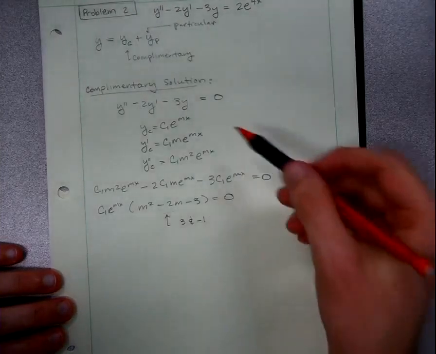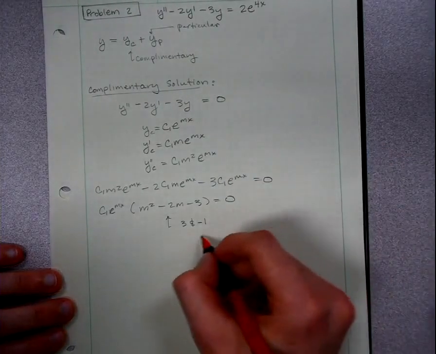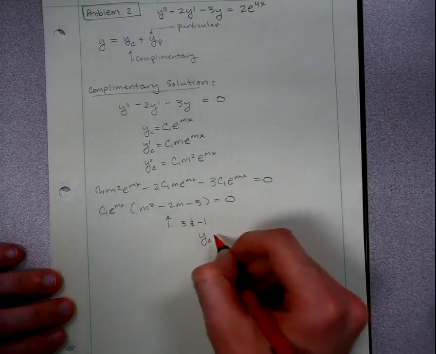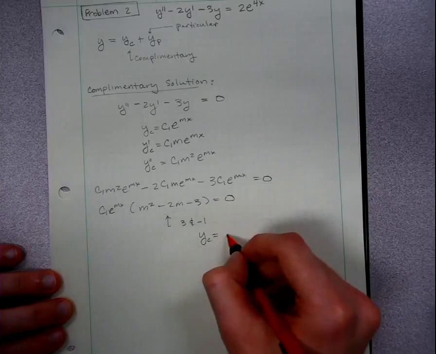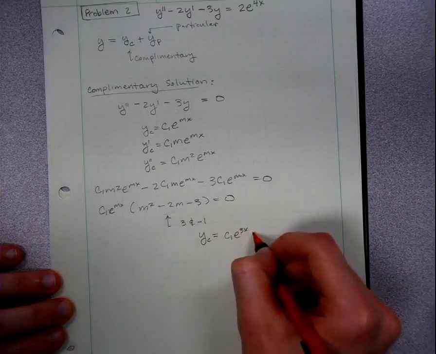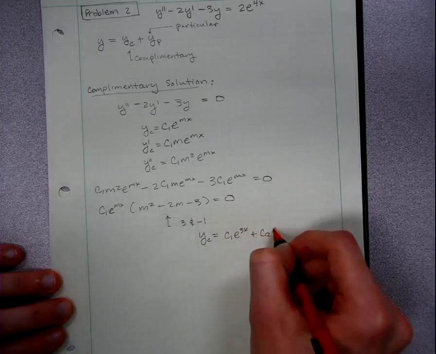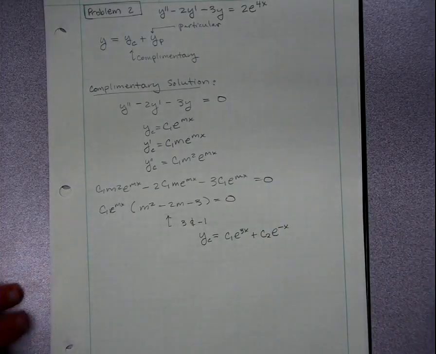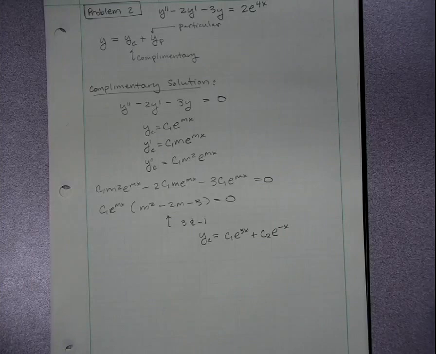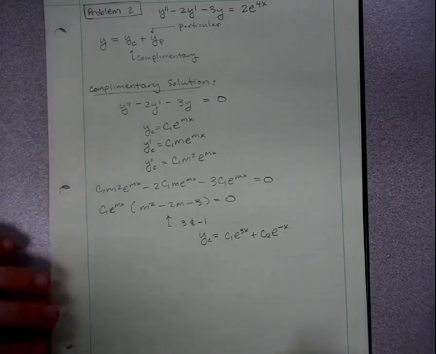Plugging these roots back into our assumed solution, we get y equals c1 e to the 3x plus c2 e to the negative x. That's our complementary solution.